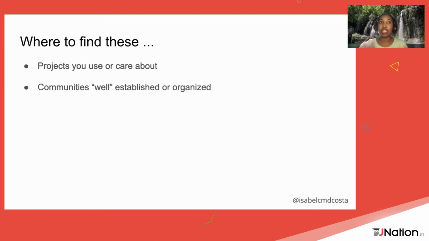In terms of communities well established or organized, if you're just starting and you maybe want to take advantage of being in a community and lurking a little bit or seeing how contributors interact with themselves, a good idea is to go to the Google Summer of Code list of organizations page, right? You can see the organizations that were accepted this year or past years if you look at the archives. And basically, those organizations were accepted because they have projects which are ready to be contributed to.